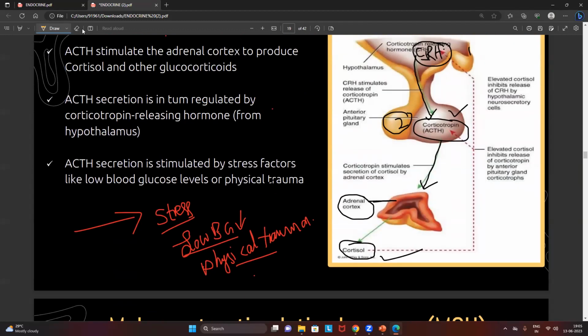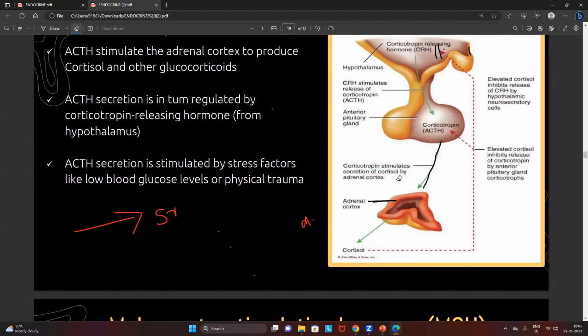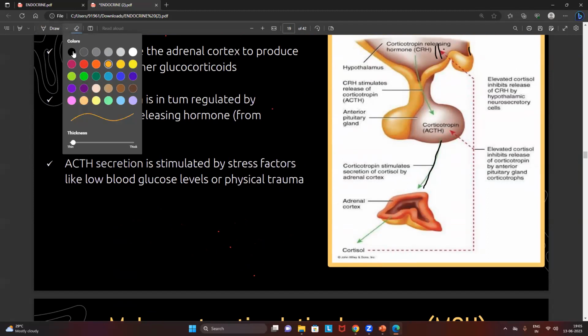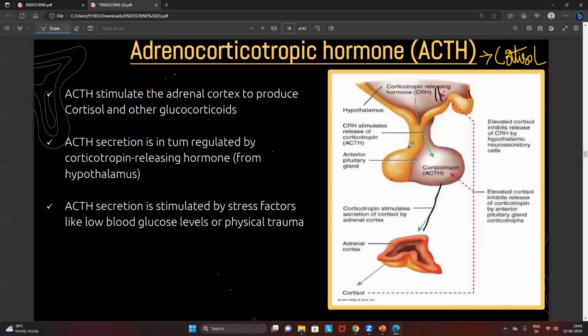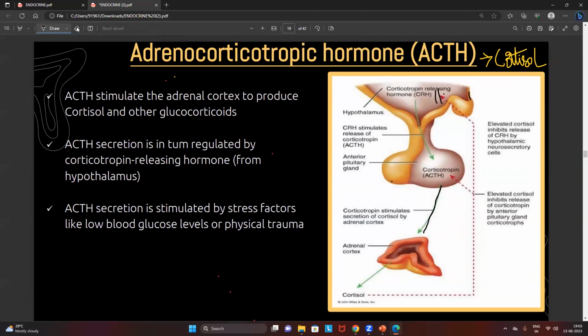Now, you only listen. Finally, cortisol is released. Cortisol performed every single function. It's over. Now, we came out from the stress condition. Now, you tell me, in yesterday's class, when I was giving you the definition and the properties of a hormone, we all studied very clearly that every hormone, whether it is a plant hormone or an animal hormone in the body, has to be released compulsorily in low concentration.